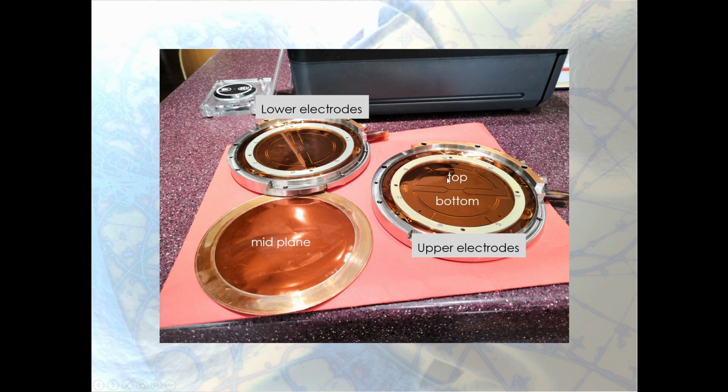And you expect the beam, if it's properly steered, to be in the middle here, so there will be as many charges collected on the top electrode as on the bottom electrode, and you expect the same. If the beam is well centered, it will create as many charges on the left part and on the right part of the lower electrodes.